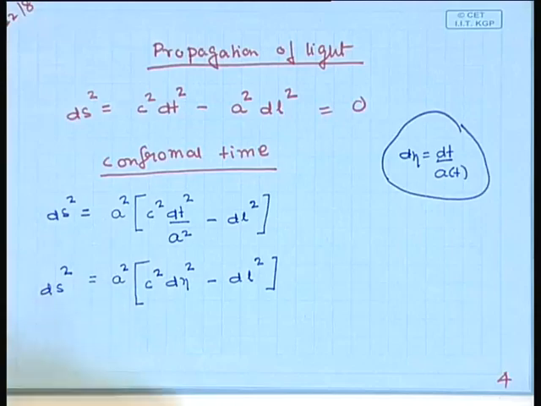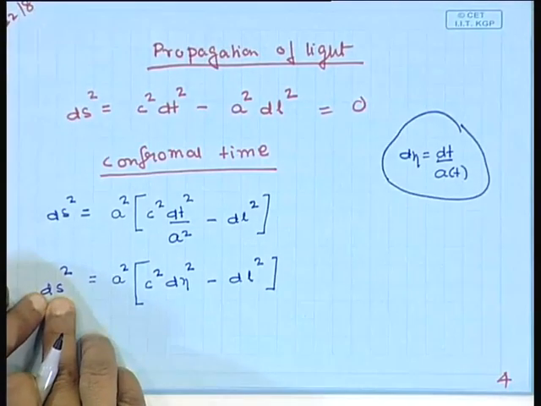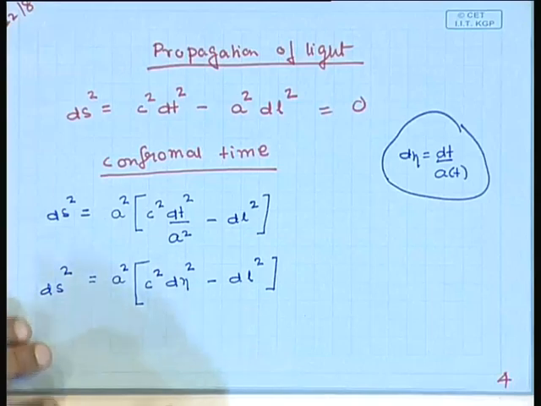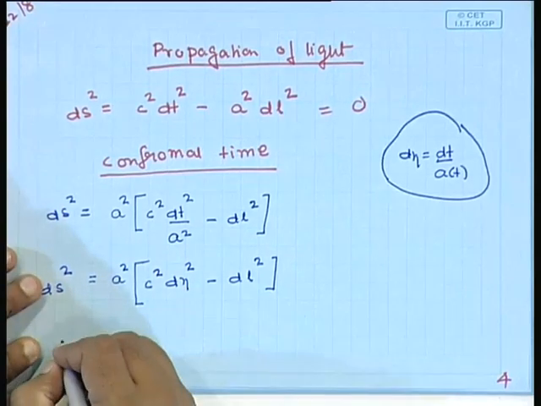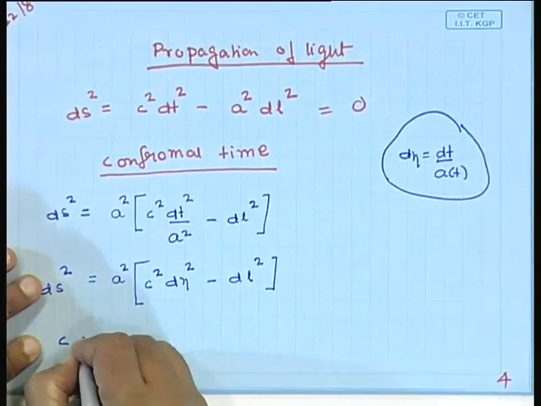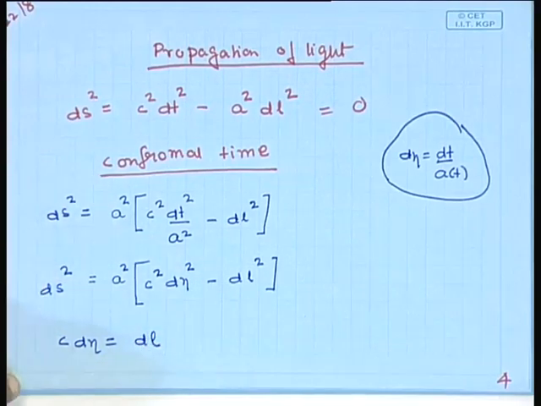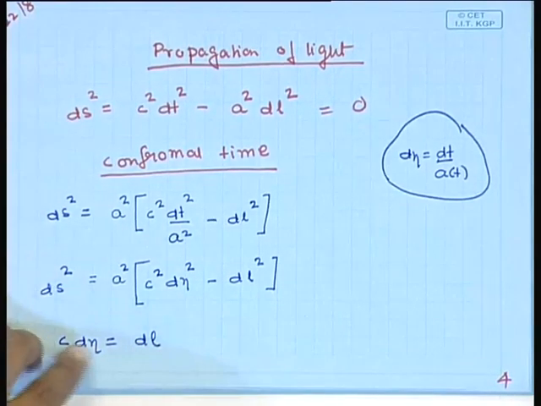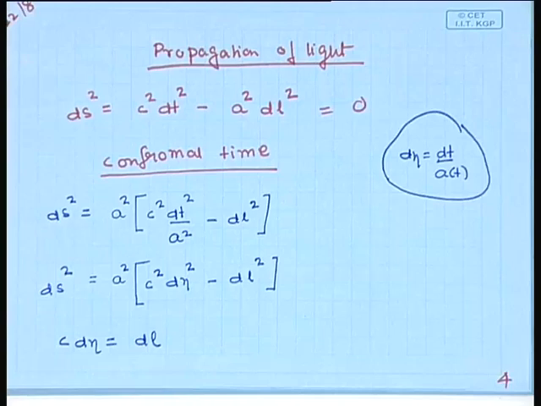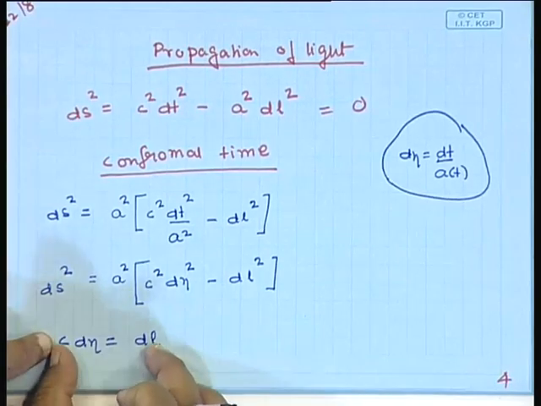Now, if you want to study the propagation of light, light travels along ds square equal to 0. So, along the propagation of light, you have c d eta is equal to dl. This is the propagation of light.